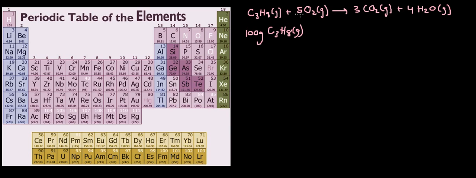And instead of thinking of this reaction as a reaction of individual molecules, I can think of it on a grander scale. 1 mole of propane reacts with 5 moles of oxygen to give 3 moles of carbon dioxide and 4 moles of water.